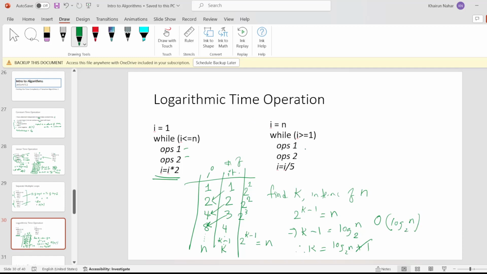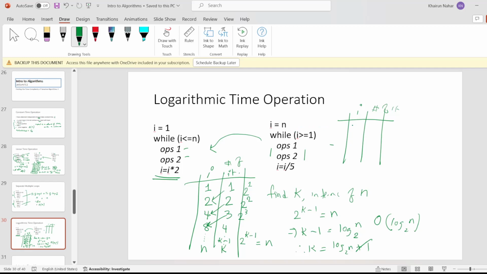Now, this is very much like this one, where I starts from n, and at every step, I is getting divided by 5. Okay, so if we have to solve this one, this is number of iteration.